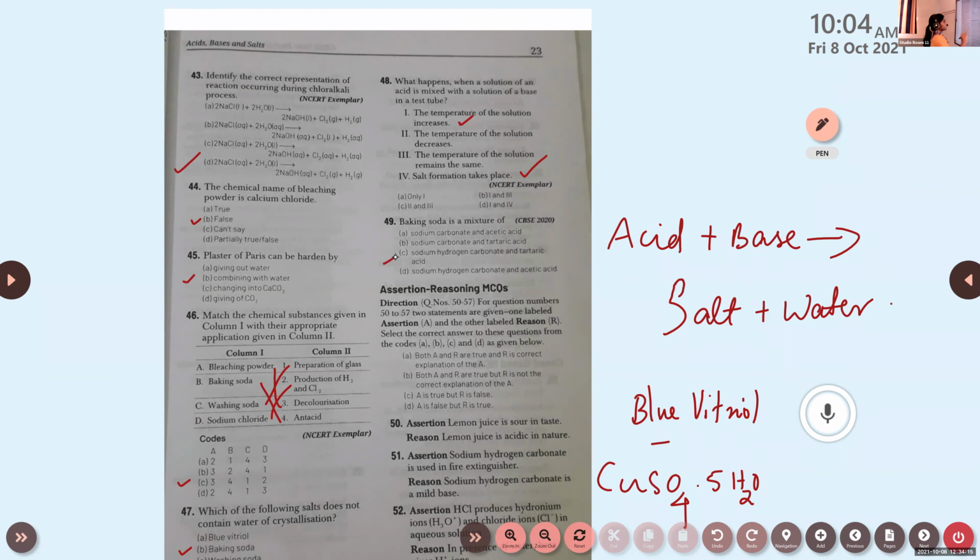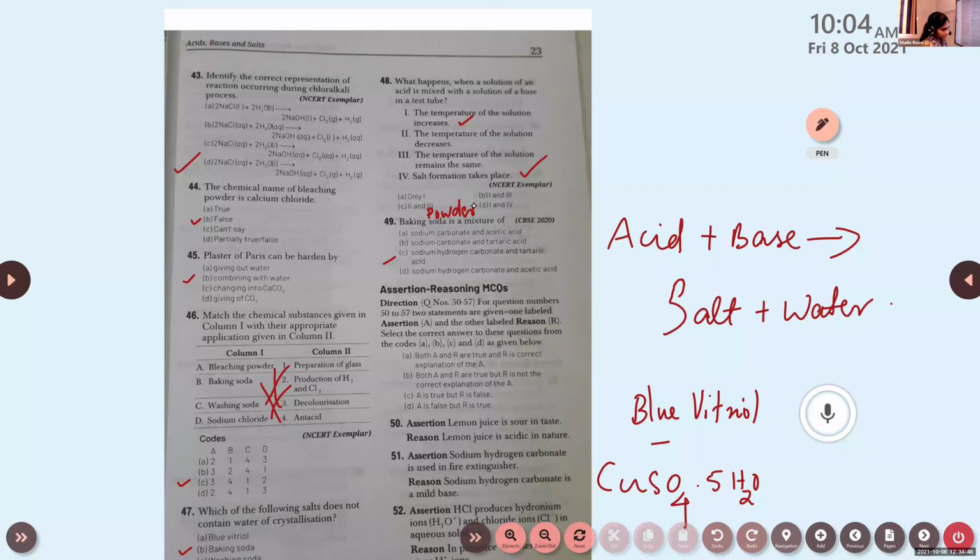Read the first sentence: for making baking powder, which is a mixture of baking soda and a mild edible acid such as tartaric acid. Here the question says baking powder, not baking soda. Okay, some mistake in this question. Clear?